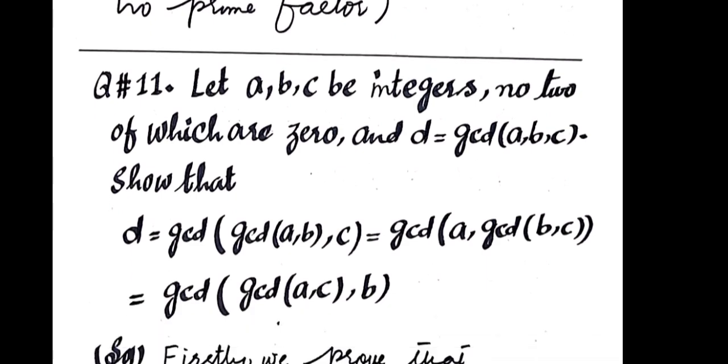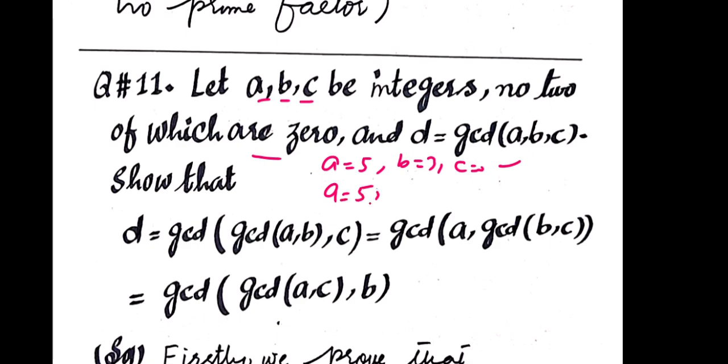Next, we move towards the last question. Question number 11. Let A, B, and C be integers, no two of which are 0. No two of which are 0 means, suppose A is equal to 5, B is equal to 3, C may be 0, this is a valid case. But if A is equal to 5, B is equal to 0, C is equal to 0, this is invalid.